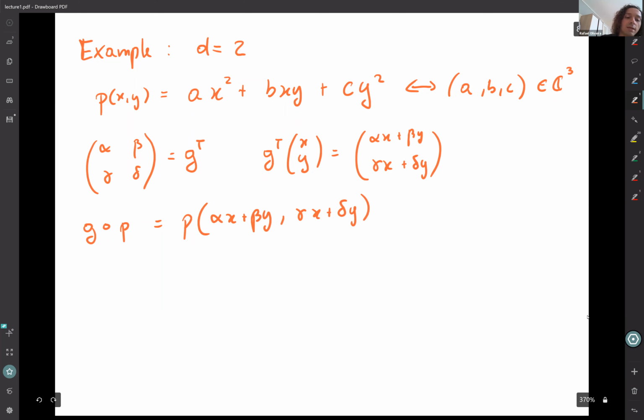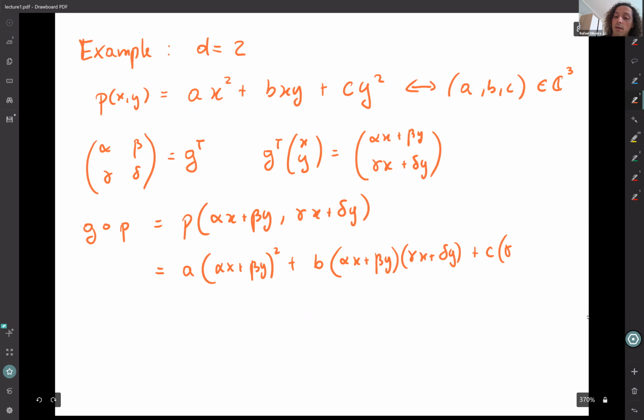Now, if we evaluate this, we can see that this will be A multiplied by alpha x plus beta y squared, plus B, which is multiplied by alpha x plus beta y times gamma x plus delta y, plus C times gamma x plus delta y squared.